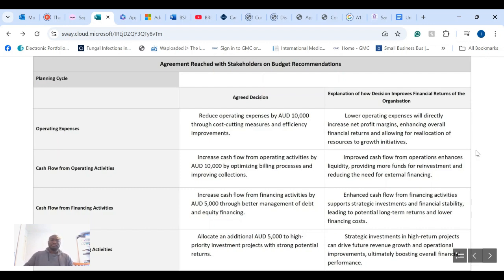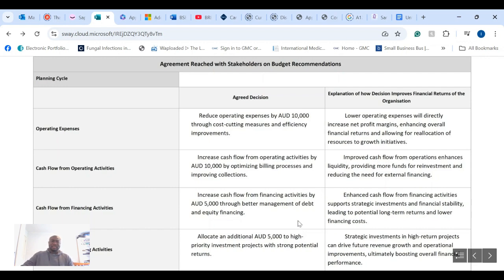Cash flow from financing activities would increase by 5,000 through better debt management and equity financing. Generally, this would enhance cash flow, and it will give financial stability.